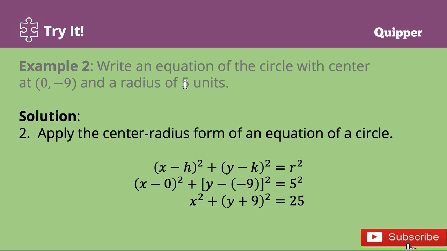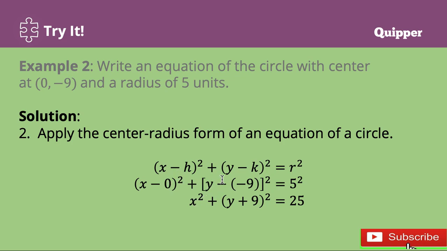Now apply the center radius form of the equation of a circle, which is (x minus h) squared plus (y minus k) squared is equal to the radius squared. Our h is equal to 0. Substitute h, we have 0. Then k is -9. r is 5. x minus 0 is just x, then copy the squared.